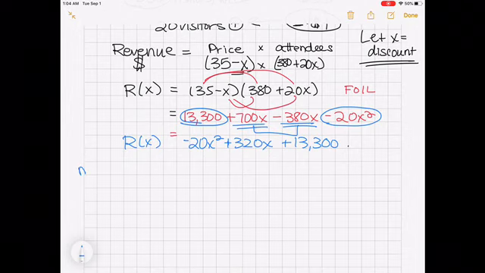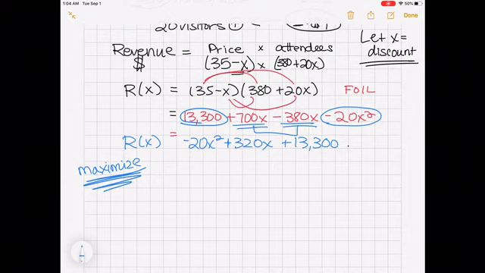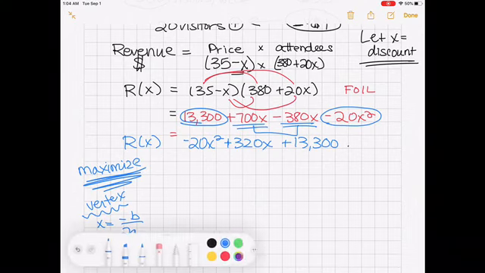So remember, we want to maximize it. What are we really wanting to find? What piece of information would tell us where the maximum is? Okay, if you said vertex, you're right. So remember, for the vertex, the x coordinate equals negative b over 2a. Well, we have a quadratic function here, don't we?